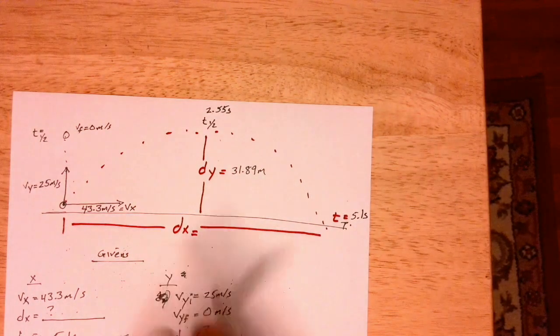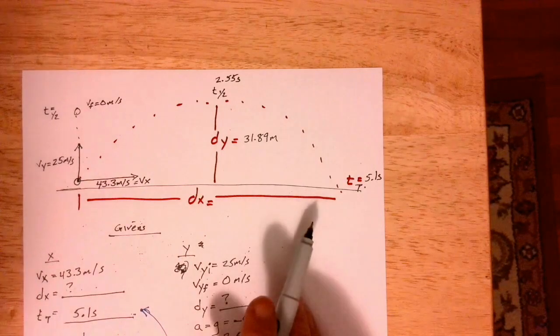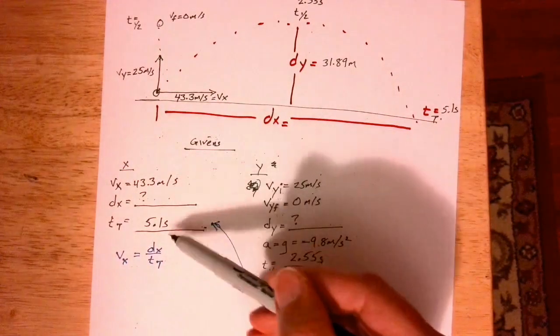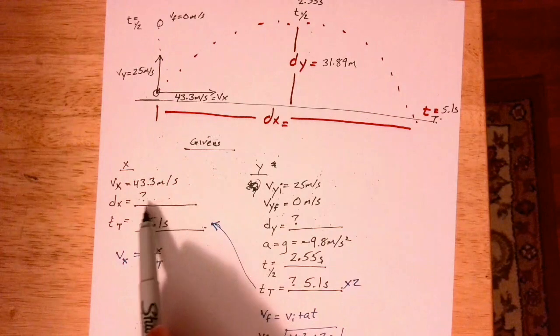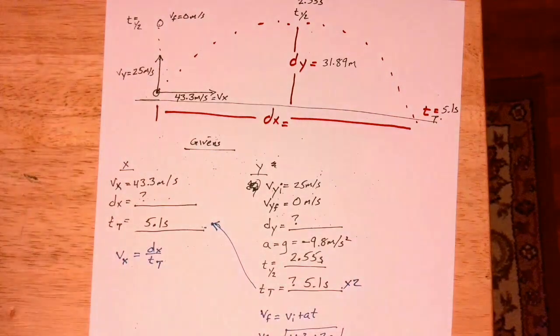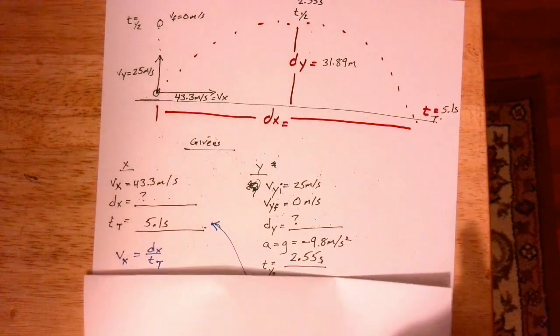So the only thing we're missing now is how far did it travel horizontally. And now, from that information, we have enough information here to solve for what is its range. Let me fold this over so I'm not wasting paper. So let's go ahead and solve for its range.